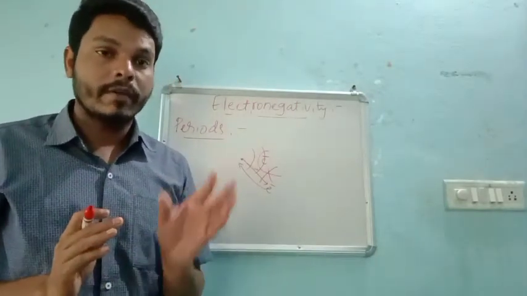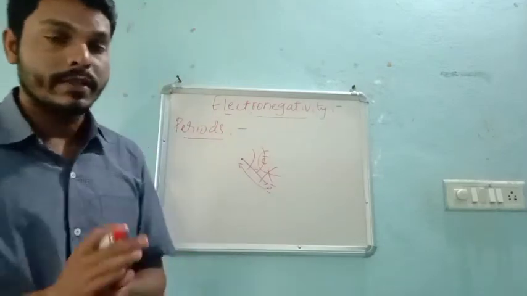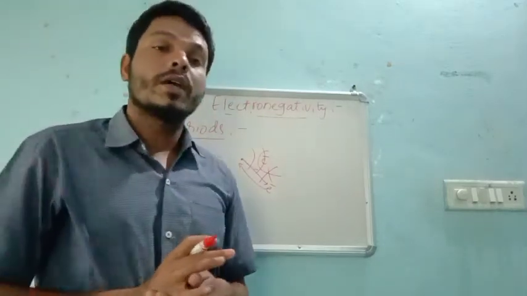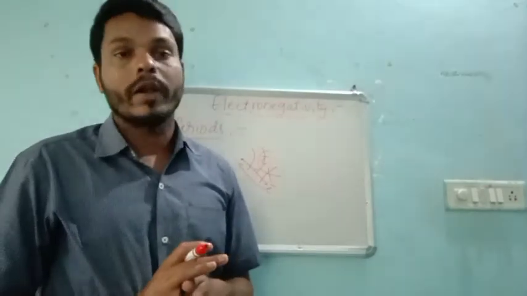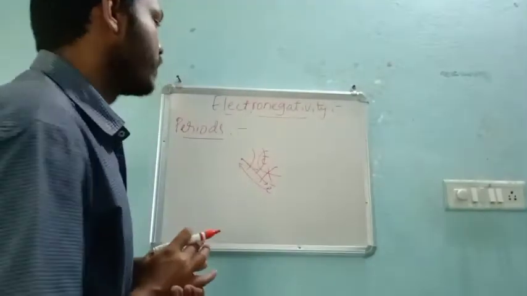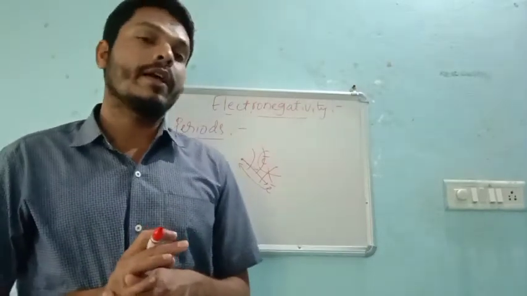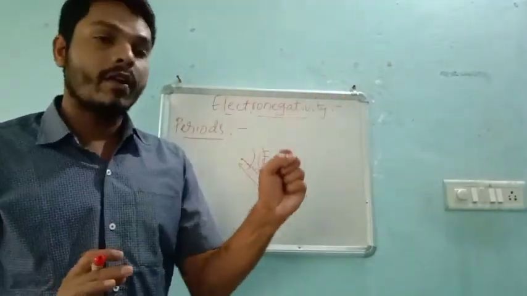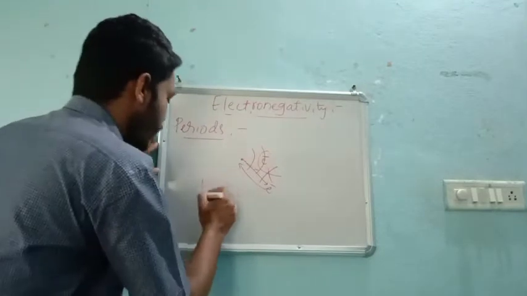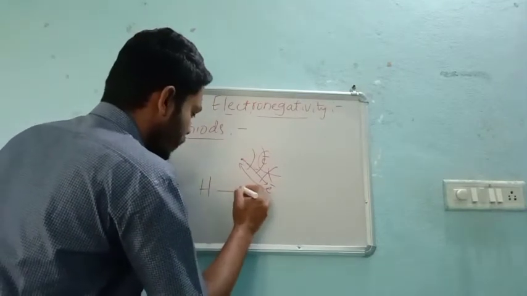Those elements having less atomic size are called more electronegative elements. Why? Because if the size is less, it is very easy for that element to drag the already shared electrons, as I discussed before.